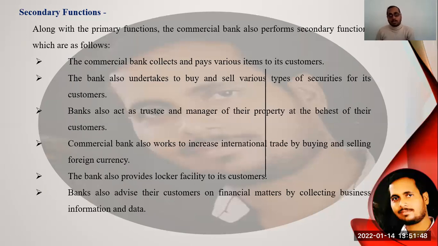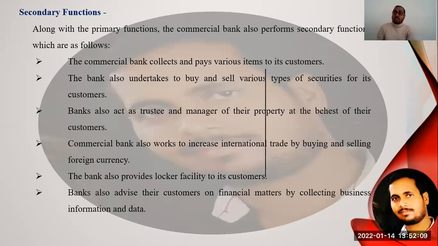Another, students: the bank also advises its customers on financial matters by collecting business information and data. The bank collects data from the various sectors where it is established, and information on various trade and economic activities.